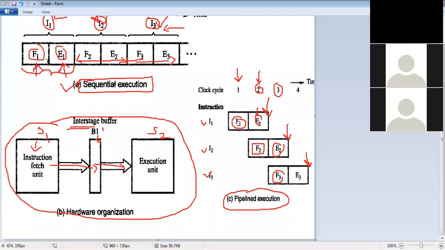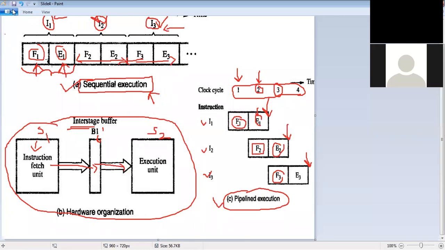So in pipelined execution only 4 clock cycles are required. But in the sequential execution we discussed a few minutes ago, we require 6 clock cycles. And this is the concept of pipeline.